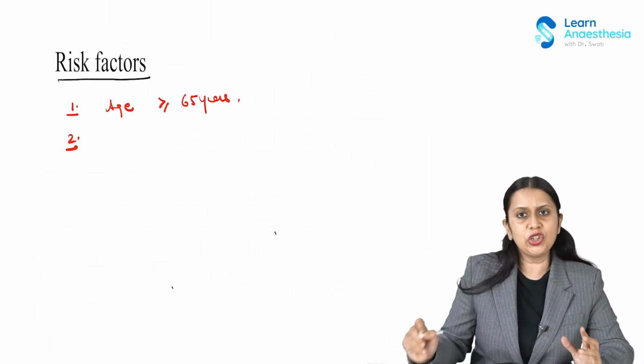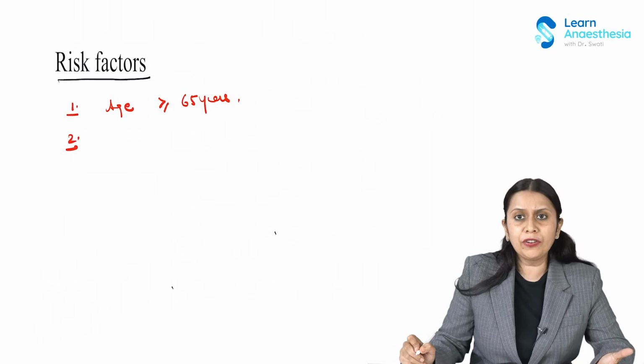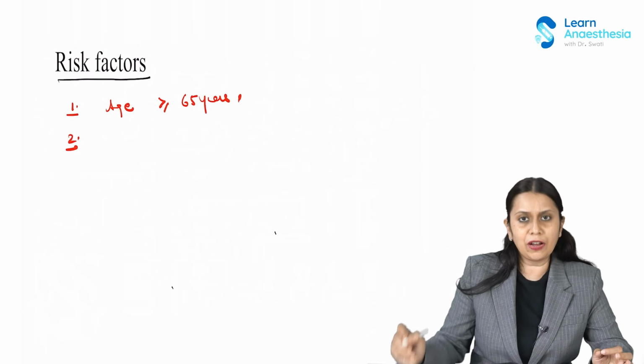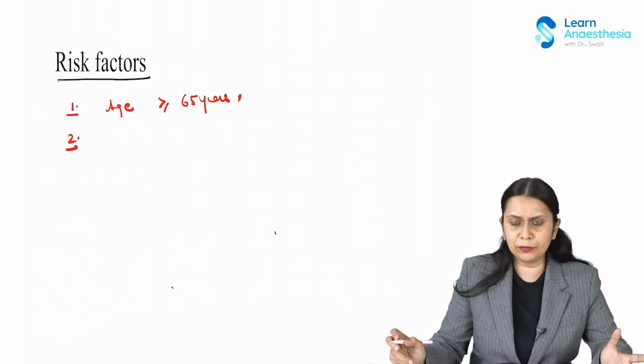Then, if the patient has any underlying coronary artery or peripheral arterial disease, like in our patient, the patient was 75 years, so this was a risk factor present. Then the patient has a history of angina, so has underlying coronary artery disease. So there were two risk factors already present in the patient.